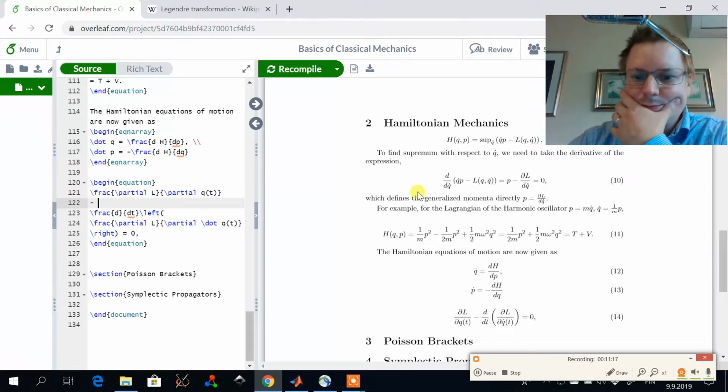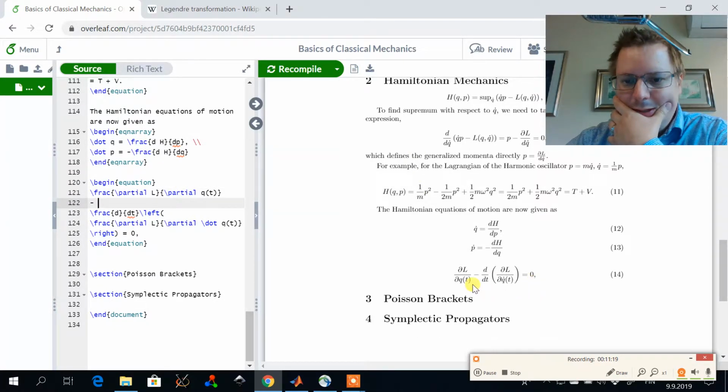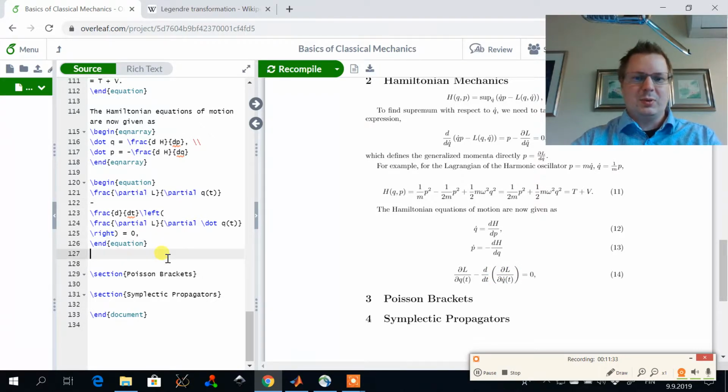So here I copied the Euler-Lagrange equation, and here we see the partial derivative of L with respect to q dot, and we just noticed that this actually was p.